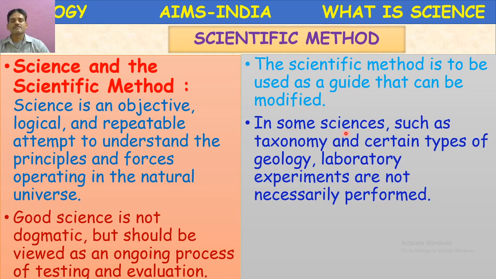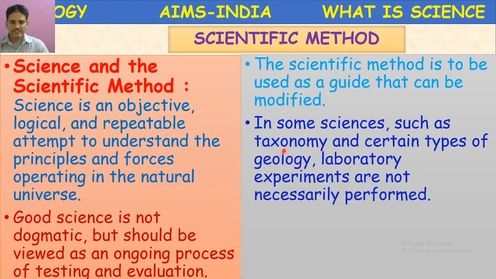The scientific method is to be used as a guide that can be modified. In some sciences, such as taxonomy and certain types of geology, laboratory experiments are not necessarily performed. Okay? Science is a vast subject, as we discussed. It consists of several branches. If you take taxonomy and geology, laboratory experiments are not necessarily performed.